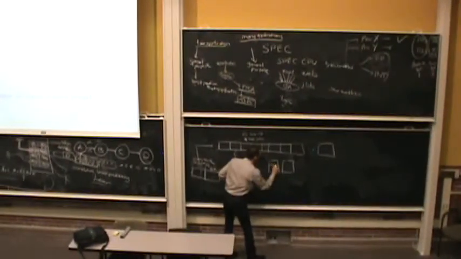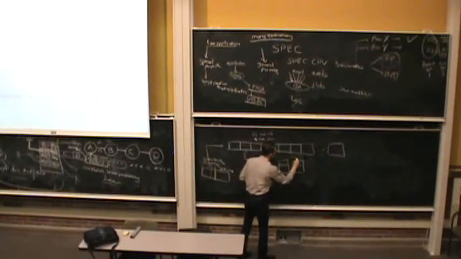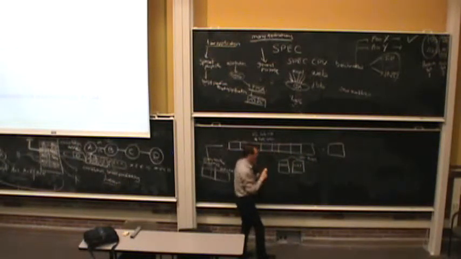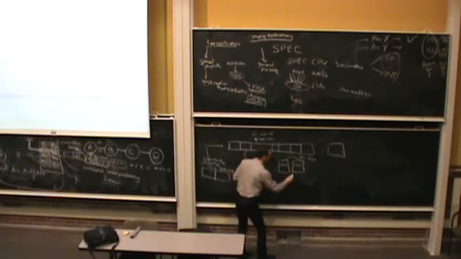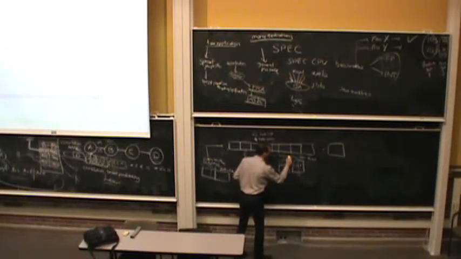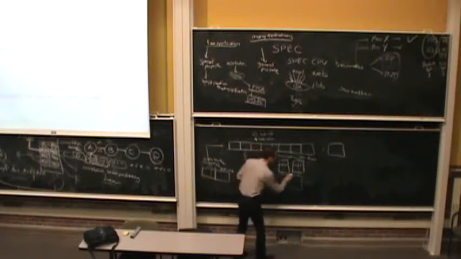So we have, let's say, core 0, core 1, and when you send the pre-computation thread here, first of all, it takes longer to send it to another core, to spawn it in another core. But now this thread can run without disturbing the main program. And if these cores somehow share caches, the thread can prefetch into the shared cache. We haven't talked about this, but you can imagine cores sharing caches.